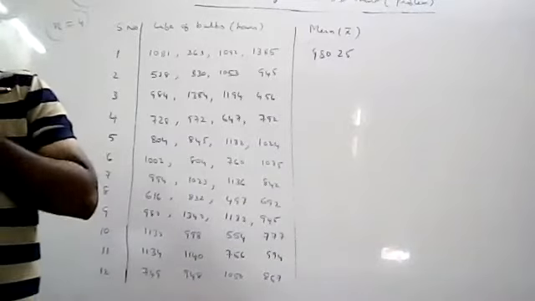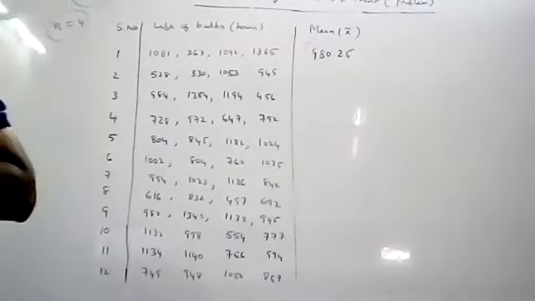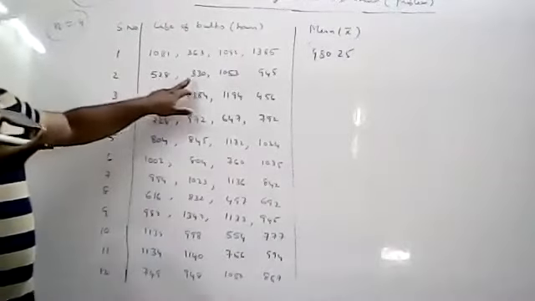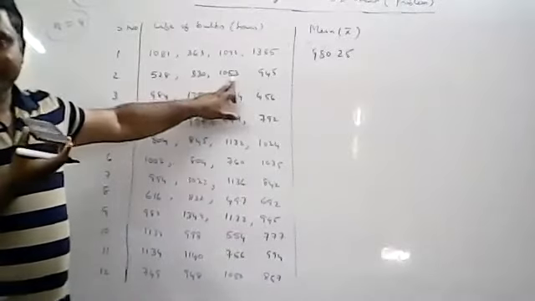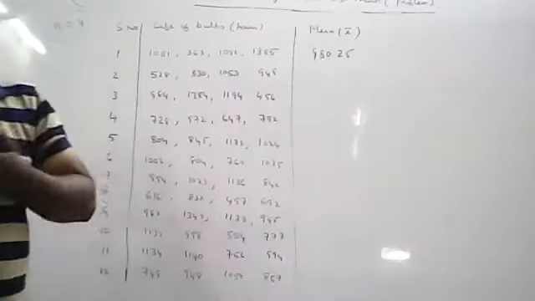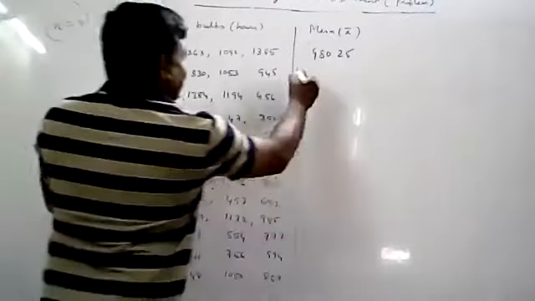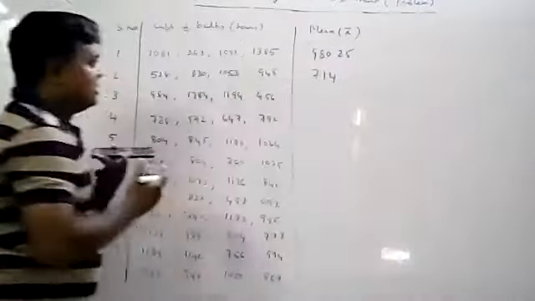All of you are getting 764 or 714? 725, 764. Why are you getting different answers? 528 plus 330 plus 1053 plus 945. Yeah, 714. I think 714 is the correct one. Next mean value is 714.